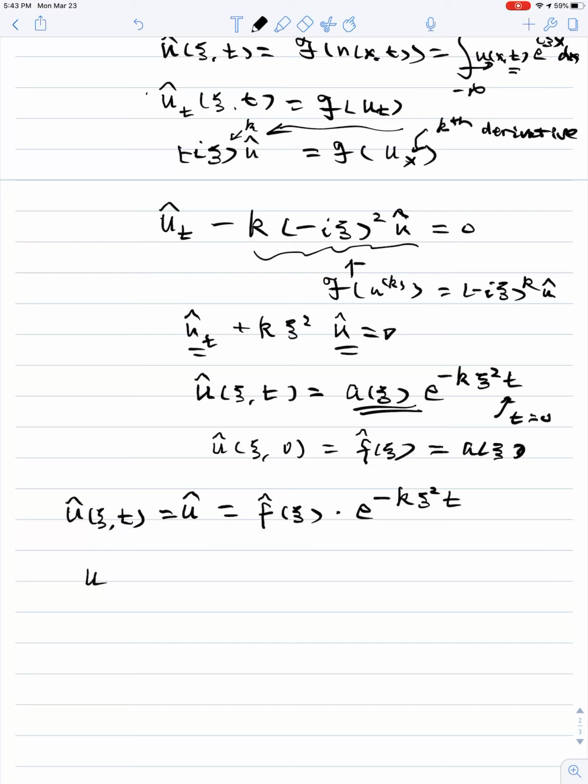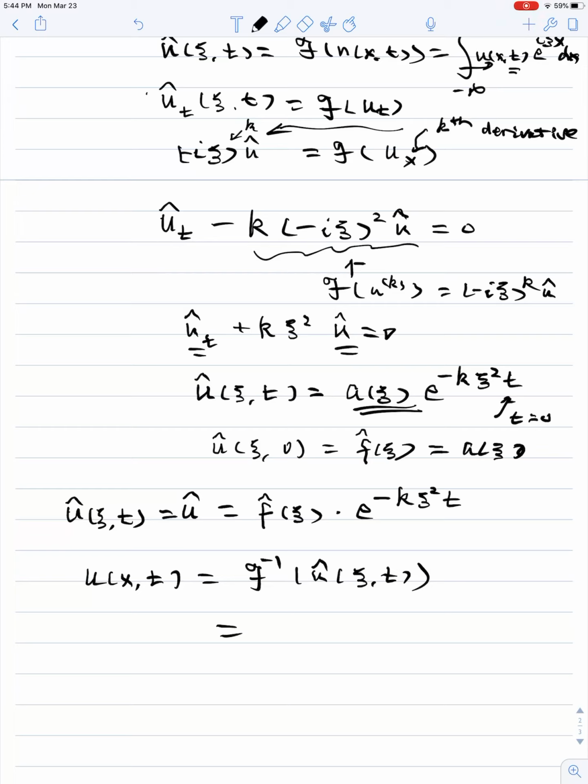The solution to the original equation is the inverse Fourier transform of û(ξ,t).